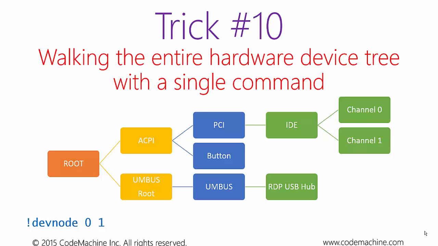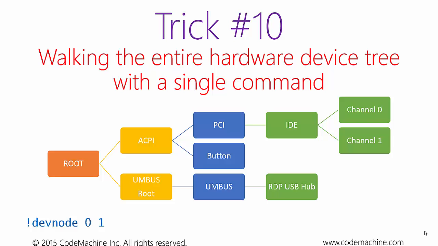There are leaf nodes that represent devices that don't enumerate or host other devices, like a USB mouse, a Bluetooth headset, or a PCI network adapter. And then there are devices that do enumerate child devices. Such devices are called buses, like ACPI, PCI, USB, and IDE. These devices form the non-leaf nodes of the device tree.